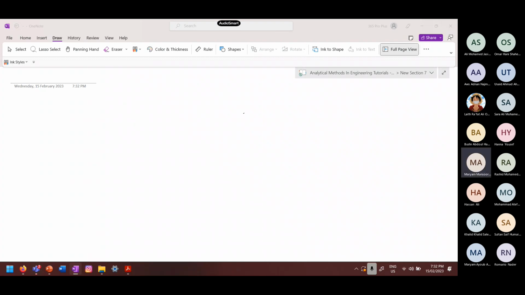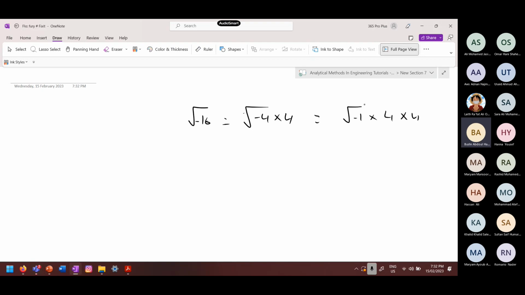It's the square root of negative 16. You need it? Square root of negative 16 is equal to square root of negative 4 times 4, which is square root of negative 1 times 4 times 4. I'm just over explaining it. It's much easier, you can just solve it by looking at it. Square root of negative 1, square root of 4, square root of 4.